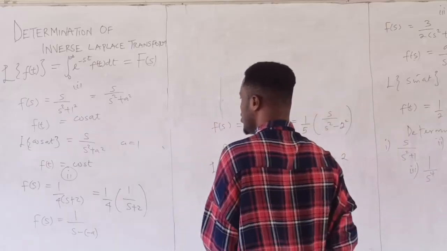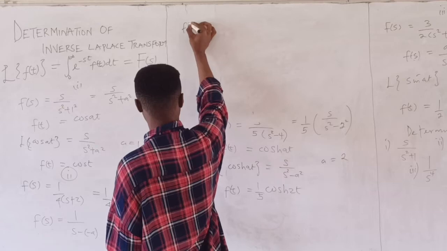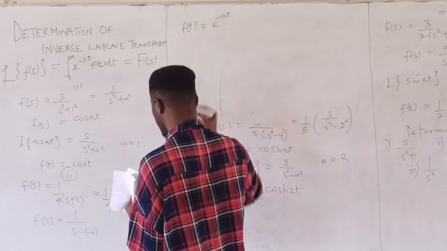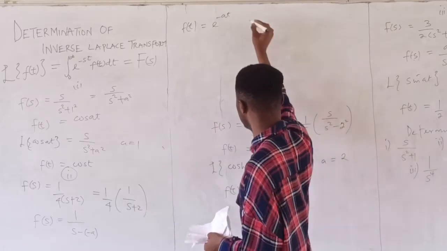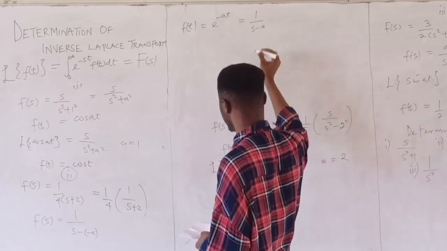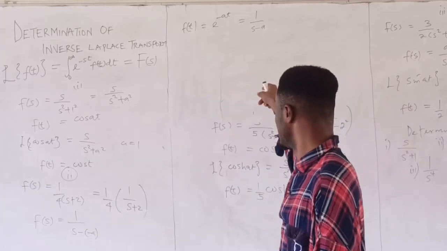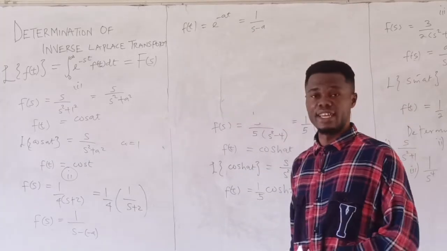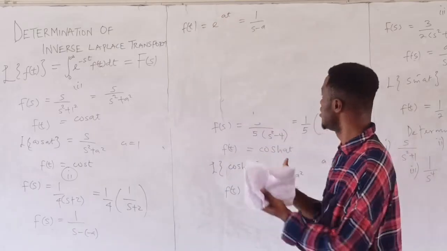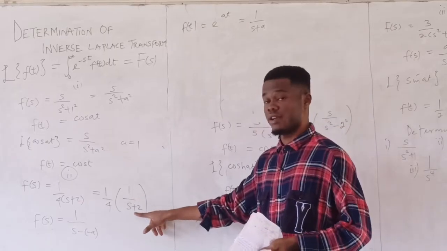We know that when f of t is equal to the exponent of minus at, the answer it is going to give us will be 1 over s plus a. So if the Laplace of the exponent of minus at gives us 1 over s plus a, that means the Laplace of positive at will give us 1 over s minus a, as you can clearly see from here, right?